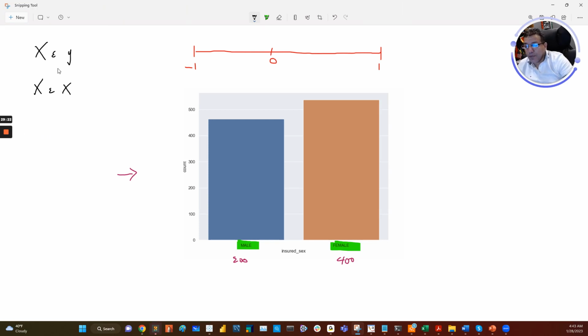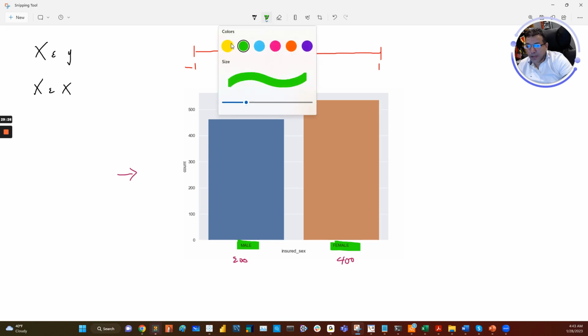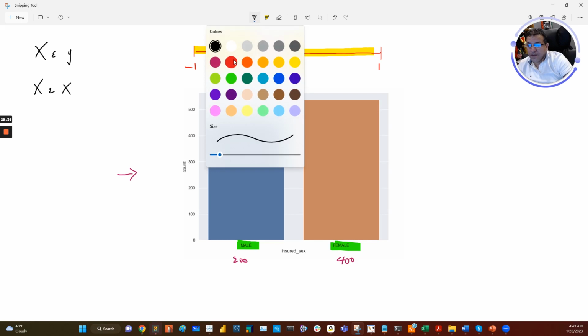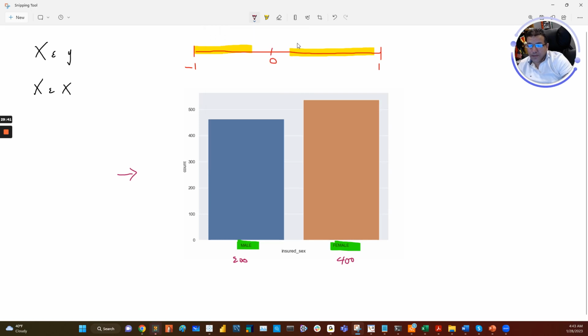The correlation between X and Y should always be the best. The best features are the features that have a strong correlation between X and Y. Strong means they have a strong correlation, either positive correlation or negative correlation.